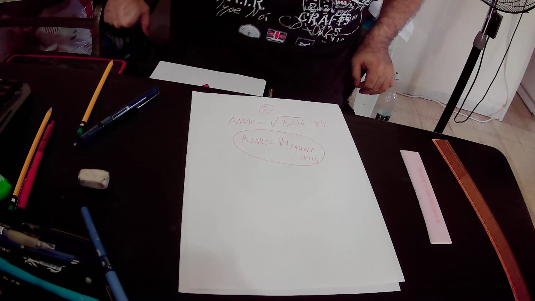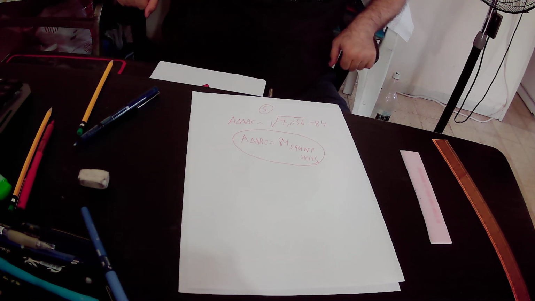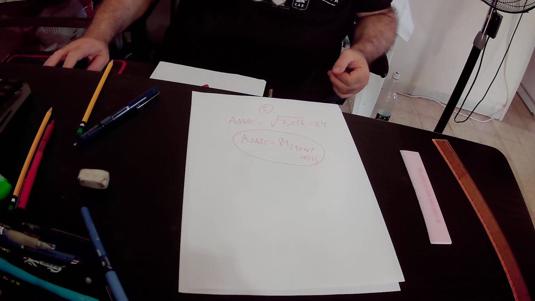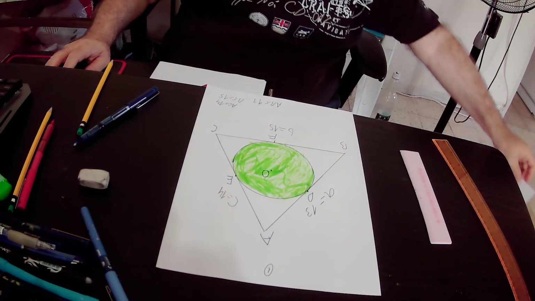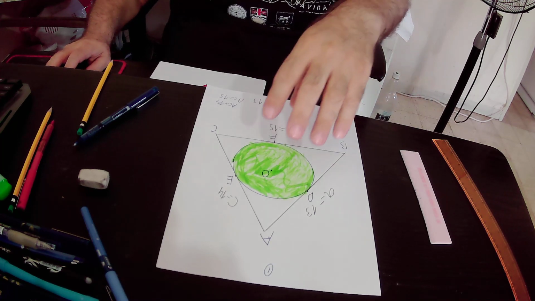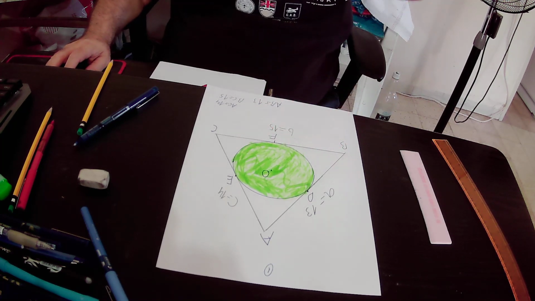Okay, so in the next step we'll find out the area of the green circle.